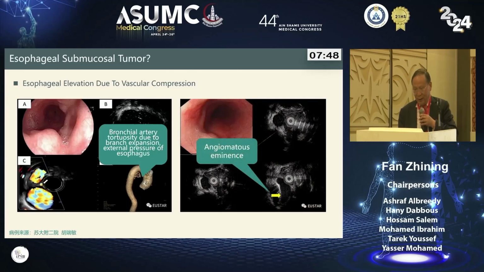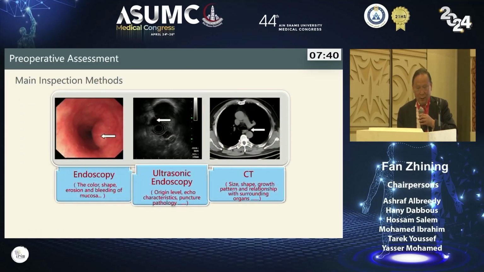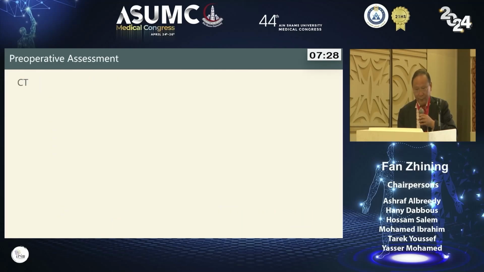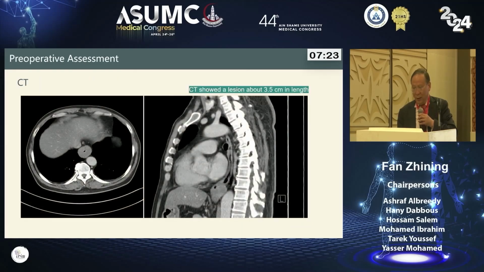The main inspections we used are endoscopy, EUS and CT. This is the CT; the lesion is about 3.5 centimeters in length.